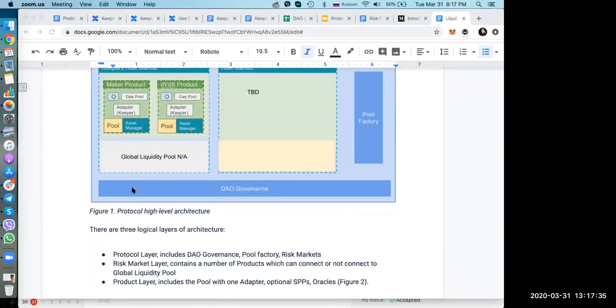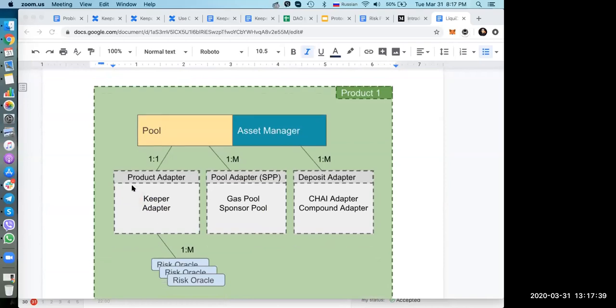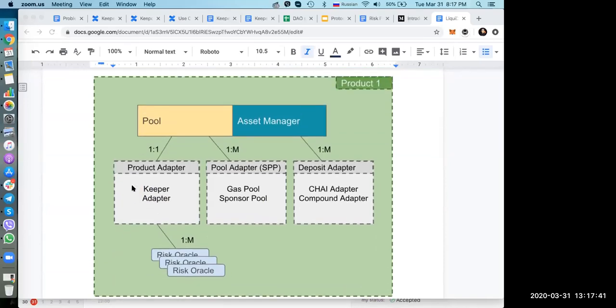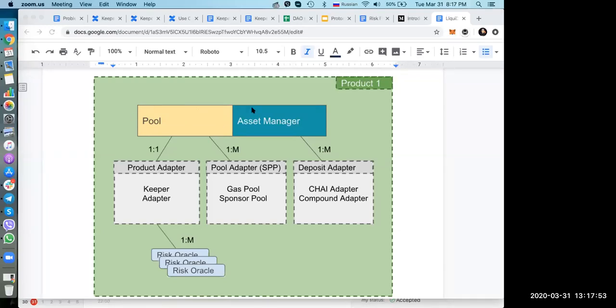Let's look at the third level of architecture, the product level, because it's the most interesting and it's the subject of the first phase of development. Here we see the following components. There is a pool, there is an asset manager, and there are different types of adapters.